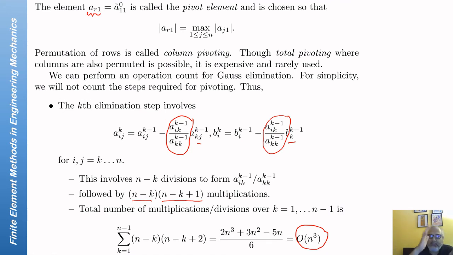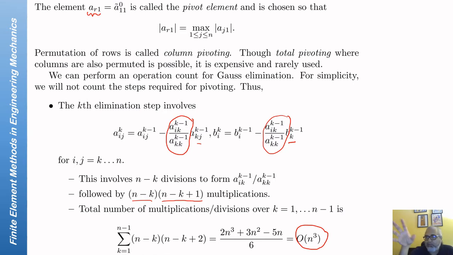If you have a 1000 cross 1000, that means a 10 to the power 3 sized system, n is 10 to the power 3, then you have 10 to the power 3 into 10 to the power 3 into 10 to the power 3, that is 10 to the power 9 operations, to do the elimination. Then you have 10 to the power 3 into 10 to the power 3 operations for the back substitution process.